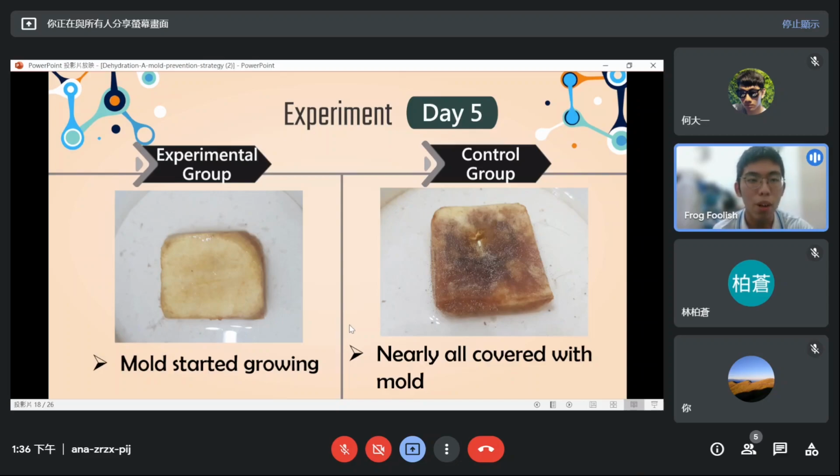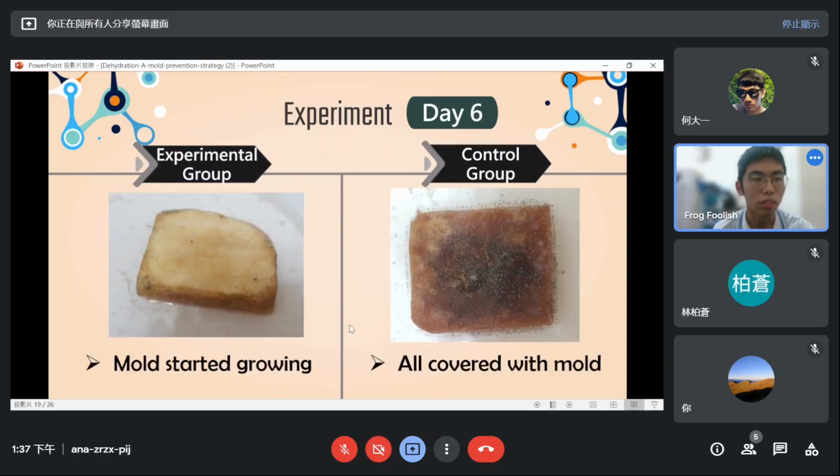For the experimental group, we discovered that mold started growing on the edge of the slice. For day 6, the experimental group looks nearly all clear, while the mold that grew in the control group occupied the surface of apple slices. That's all of my part. Let's welcome the next one speaking, David.